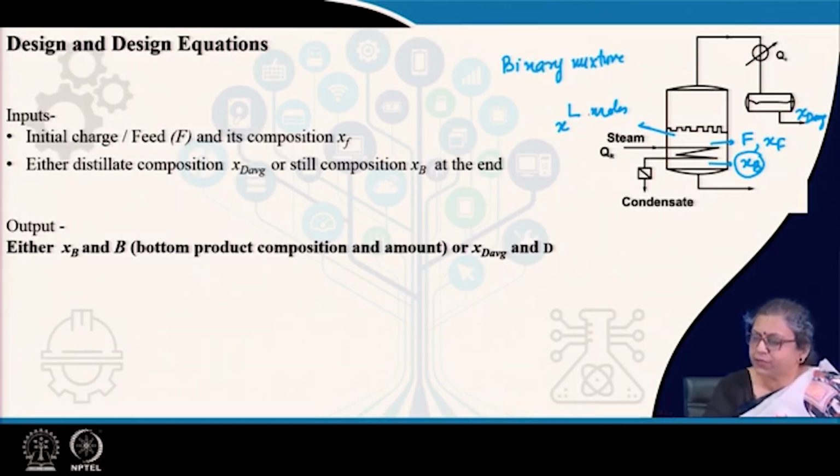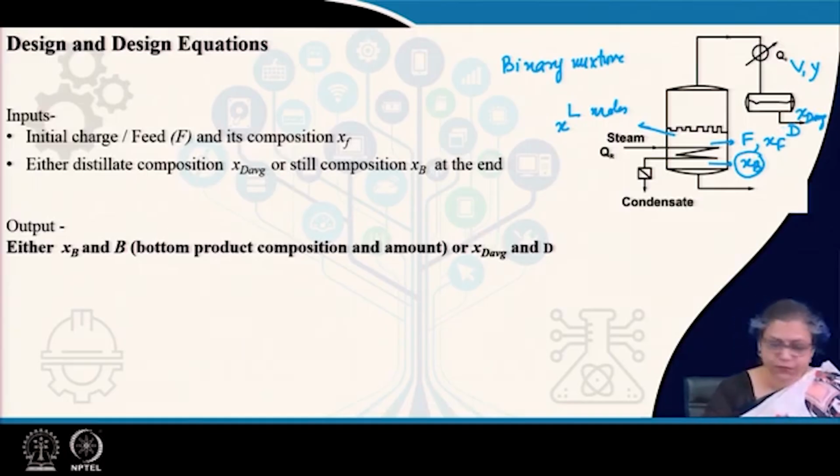At the instant where the amount of liquid here is L moles and the composition is X, the vapor which is rising is V, and its composition is Y. Definitely this V condenses here, and that is collected as D.